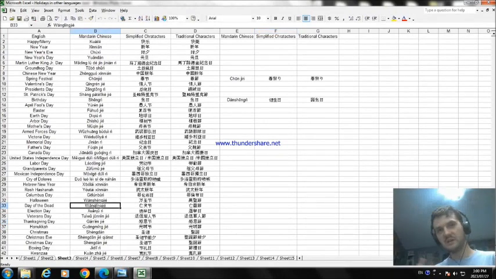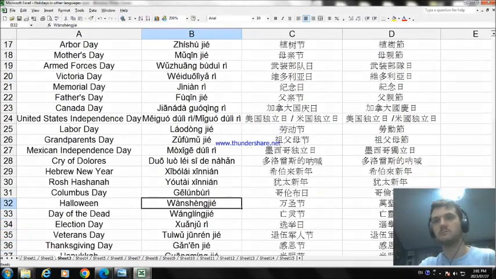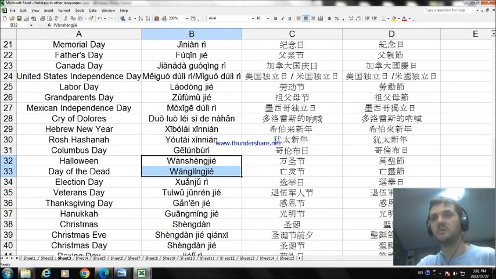Now, before we can get to it, we know that Halloween is Wan Shengjie. But we have to look at something first. You probably can't see this. Let me show you. You think these words sound similar, and they do sound a little similar.